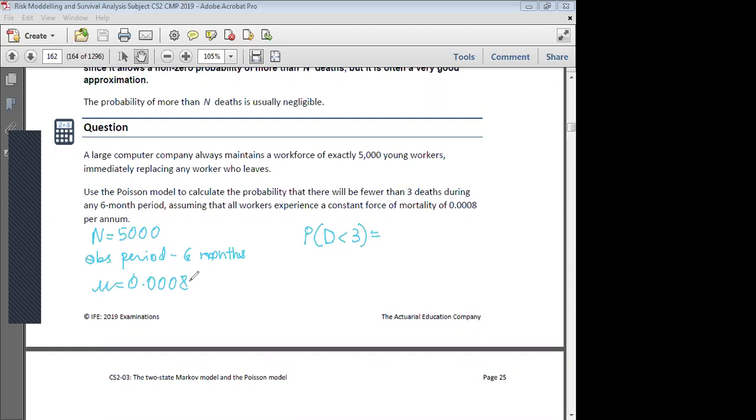Per annum, and our observation period is 6 months, so we need to convert. Yeah, right. We have the force of mortality per annum, but my observation period, as Savri said, is 6 months. So we'll have to convert this mortality from per annum to 6 months. So what can we do? How do you guys think I can convert this mortality to 6 months from per annum?